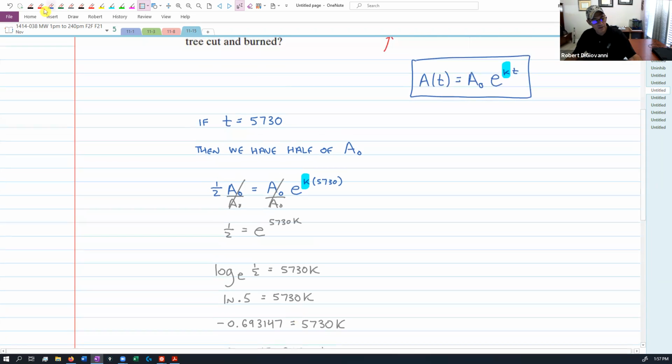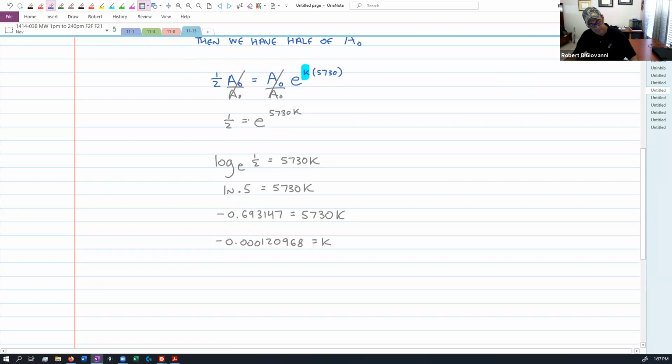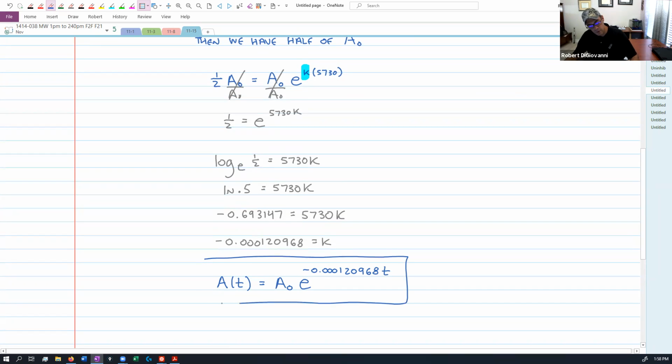So from here, I can actually come up with our formula. A of T, the amount of carbon-14 we have, will always be the original amount, e to the negative 0.000120968 T. And now I have my master formula.